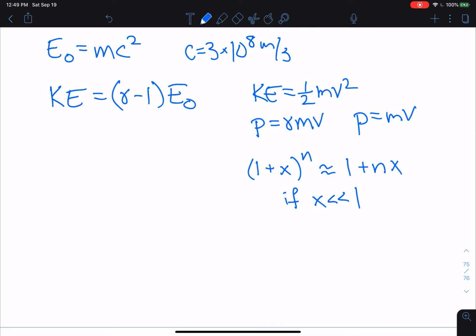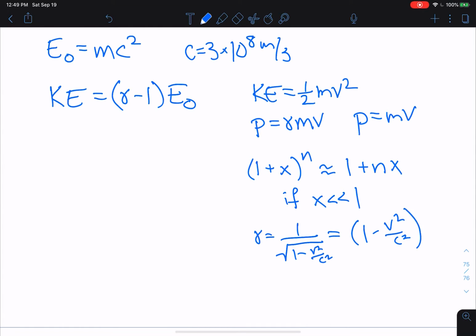Now remember that gamma is really equal to 1 over the square root of 1 minus v squared over c squared. And that can be rewritten as 1 minus v squared over c squared to the negative 1/2.